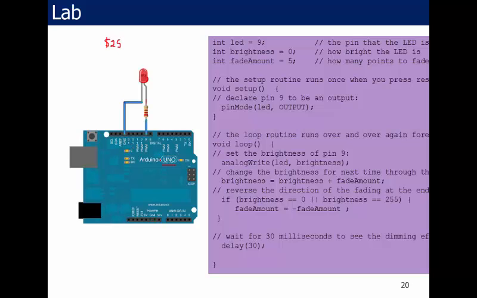So we have here PWM pins. They're all PWM pins. PWM means P for pulse, W for width, M for modulator.